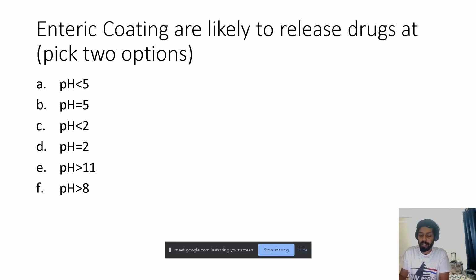Usually enteric coatings are coatings that resist degradation by acids, so if you have this coating on top of your drug delivery system, the drug can safely pass through your stomach acid and then eventually reach a high enough pH for the drug to come out. That's what an enteric coating is. Based on that, they're asking us to pick two correct options where the drug would most likely release. It would definitely not release at acidic pHs. If anything, it will release at neutral or basic pHs. So pH greater than 11 and pH greater than 8 are the correct options.